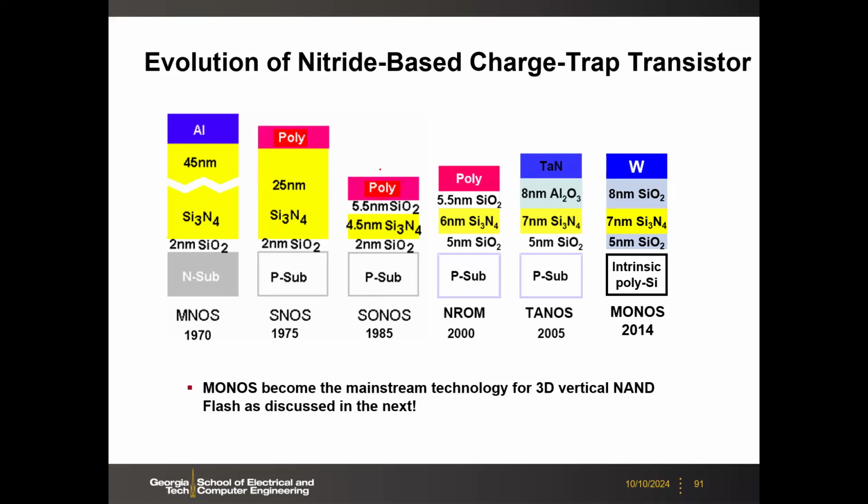But recently we changed to metal. It's metal, oxide, nitride, oxide, silicon. And then the silicon may become polysilicon when we switch to 3D NAND. So this is the structure today. This becomes a mainstream technology for 3D NAND flash. We are going to discuss that next.